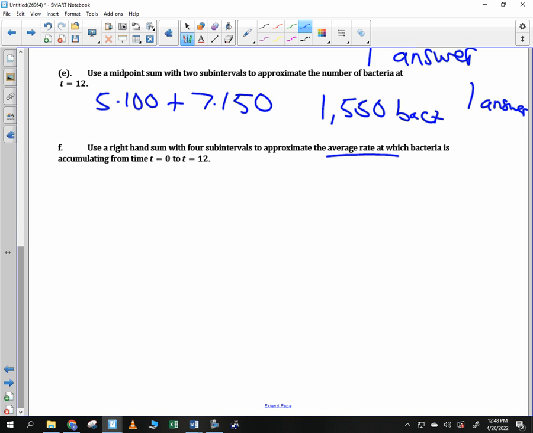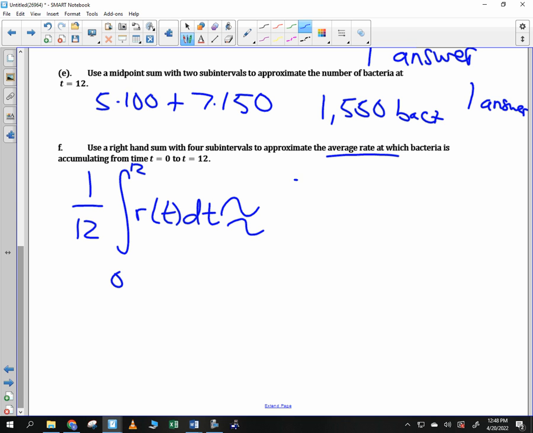So the average value of the rate function is 1/12 times the integral from 0 to 12 of r of t dt, which is approximately equal to 2 times 100 plus 3 times 50 plus 4 times 150 plus 3 times 300.